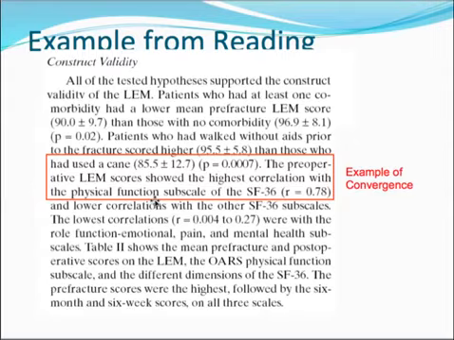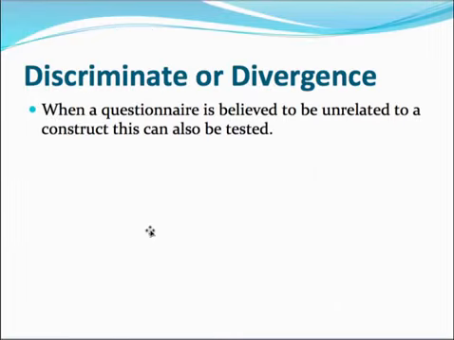So what's interesting, we would expect them to converge because the constructs are similar enough and the items are very similar that they should correlate. And in fact, they do. So that supports the idea that the LEM is capturing a similar but not exactly the same construct. If it was the same, this would equal 1, right? And so that's an example of convergence.